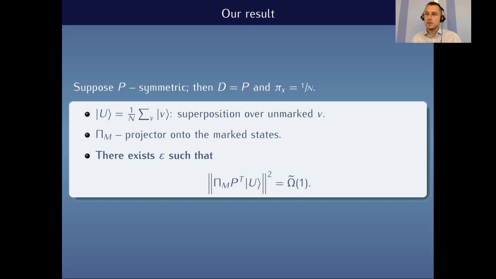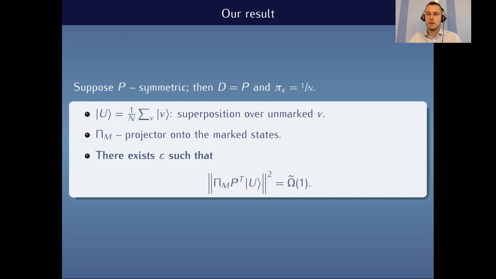And how do we apply these two things? For the sake of this presentation, I will assume that the transition matrix for our random walk is symmetric, which means that the discriminant matrix coincides with the transition matrix and the stationary distribution is uniform.